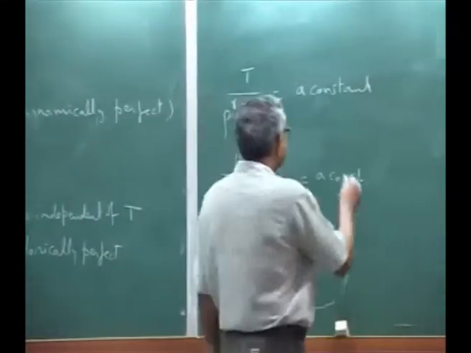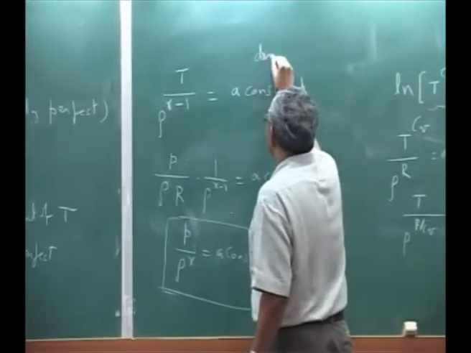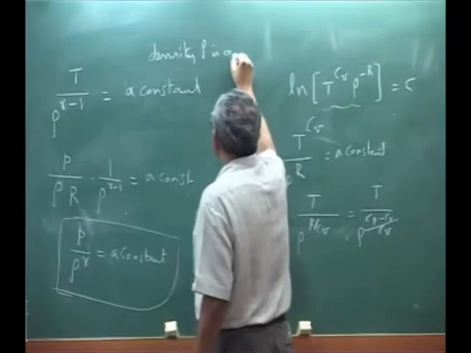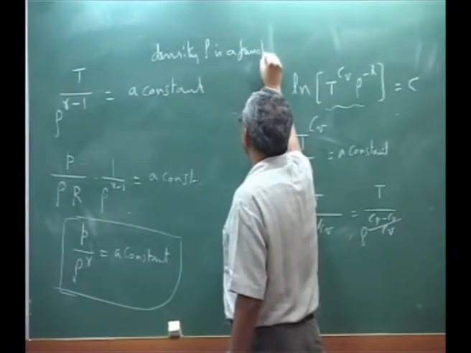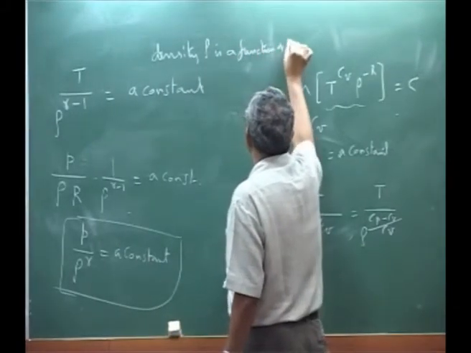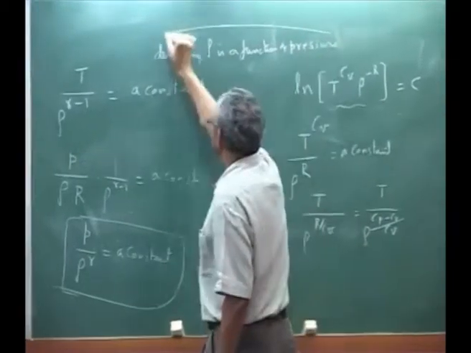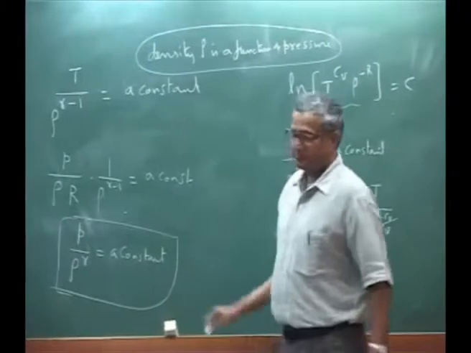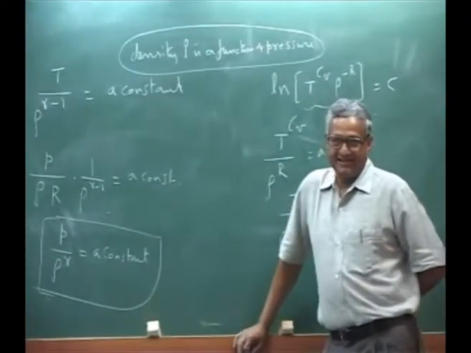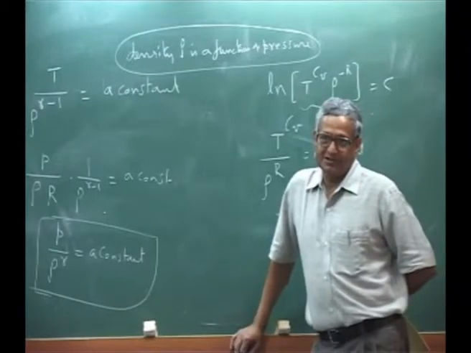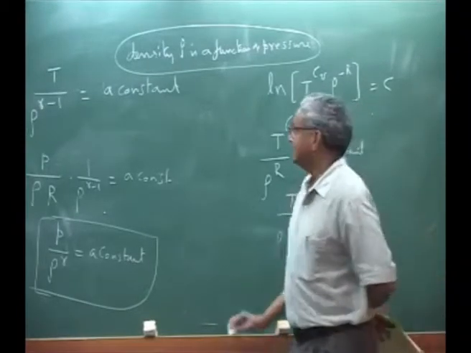Density, rho, is a function of pressure. And this type of fluid is called the barotropic fluid.